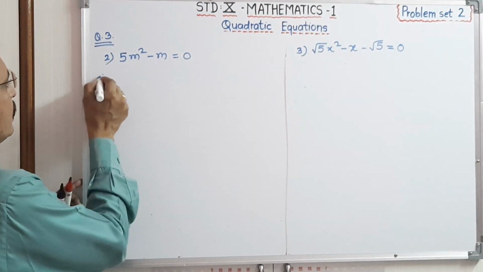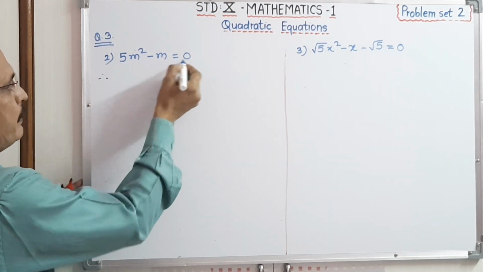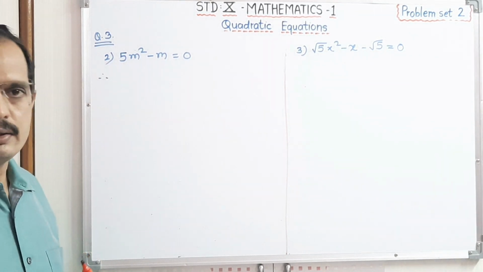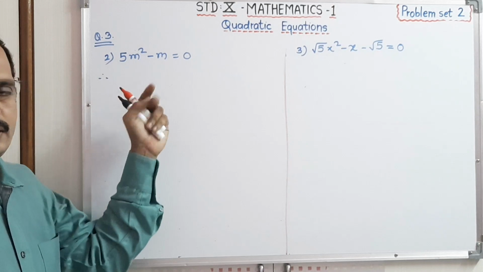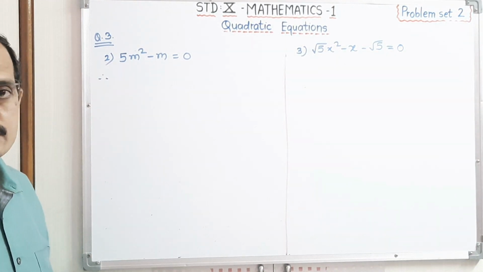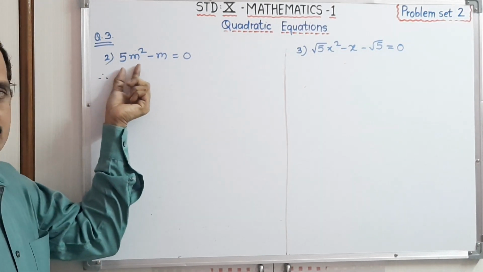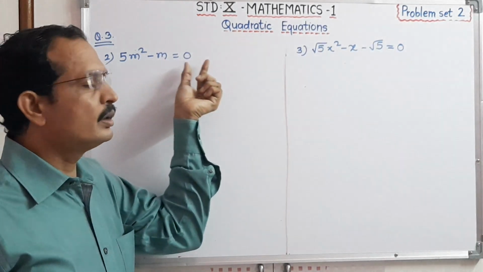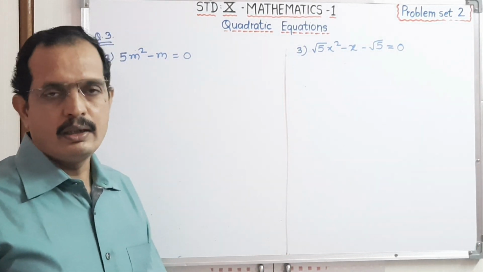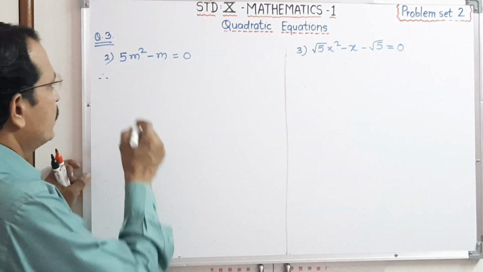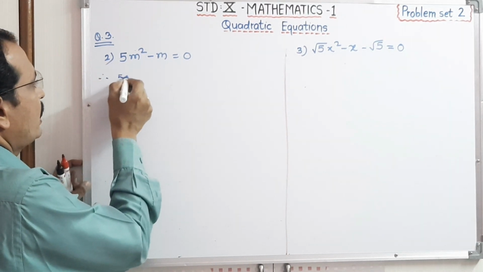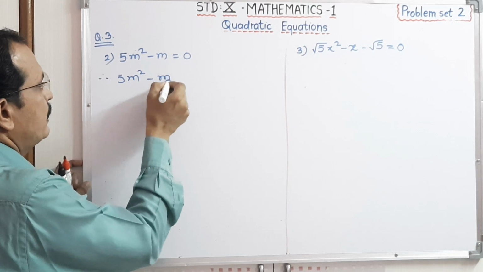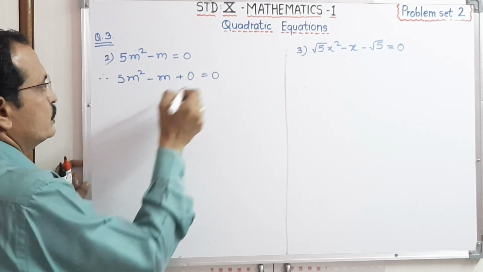Now see here, 5m square minus m is equal to 0. Here, 2 terms are there. In a quadratic equation, there are 3 terms. The first term is called the quadratic term, here is the middle term, and the constant term is not there. That means the value of c is 0. Therefore, we can write 5m square minus m plus 0 is equal to 0.